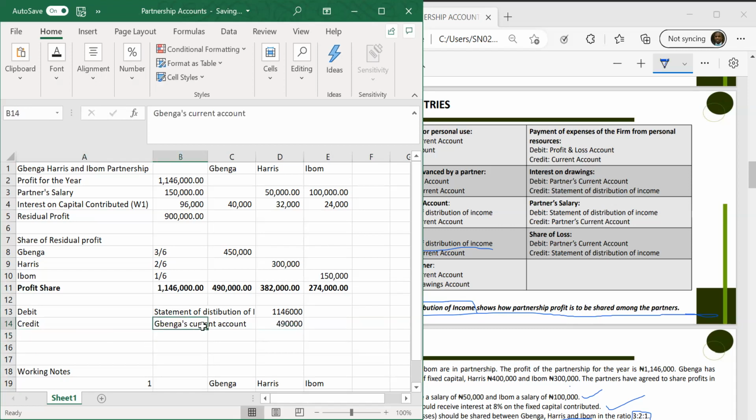You do the same thing for Aris. How much is Aris? 382,000. Then 274 for Ibom.